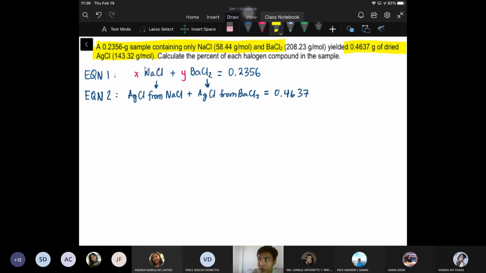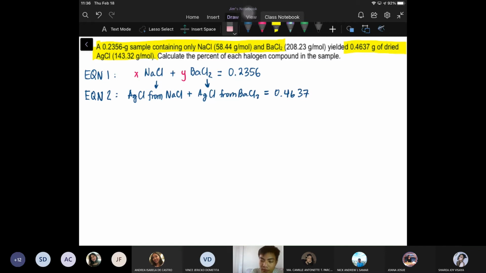The X grams of NaCl will be converted to AgCl, and the BaCl2 will also be converted into silver chloride. Adding the two silver chlorides, I will have 0.4637. The question is to find X and Y, the mass of NaCl and the mass of BaCl2. Is this possible? Yes, although it requires algebra.